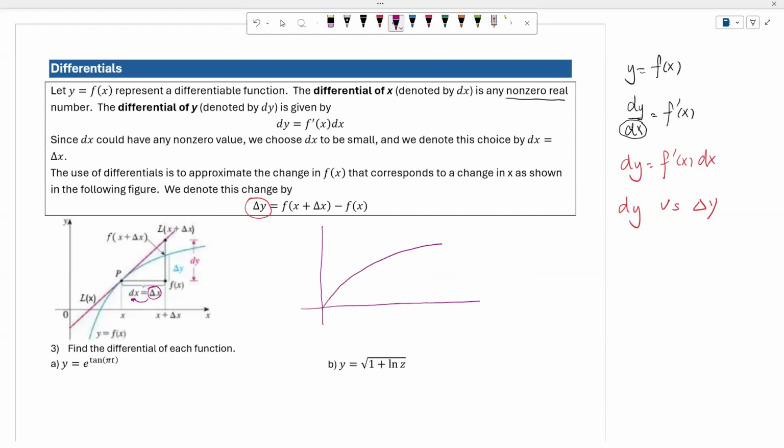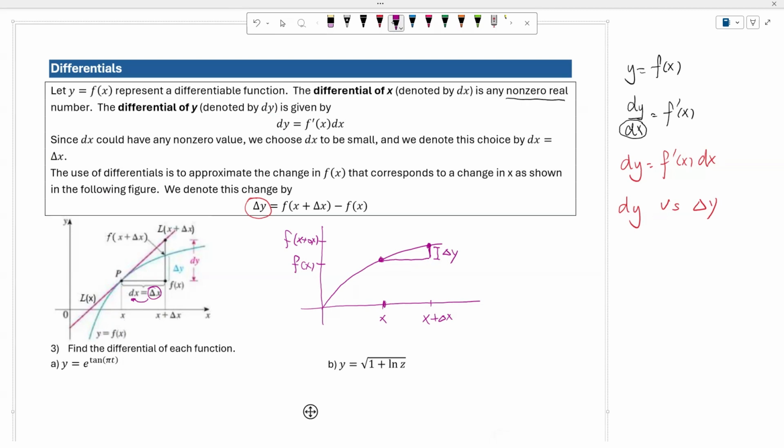If the function changes from x to x plus delta x, then the difference between the outputs f of x and f of x plus delta x is what we call delta y. So delta y is basically the actual change from f of x to f of x plus delta x, okay?